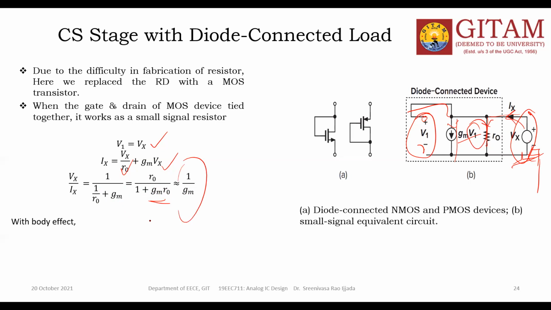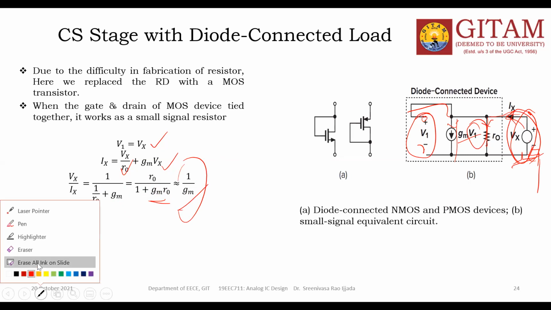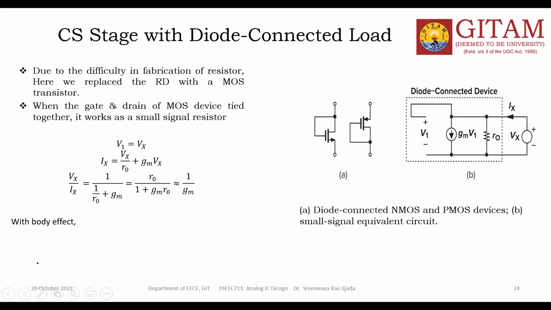Understand or not? So the resistance value is 1 by gm. So this is the equivalent circuit for this one. Gate and drain are joined. So voltage Vx is applied and Ix is found to know the resistance value here.